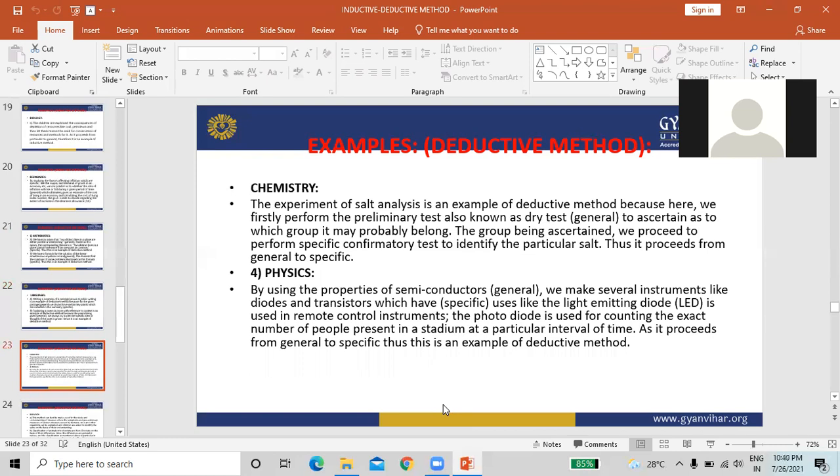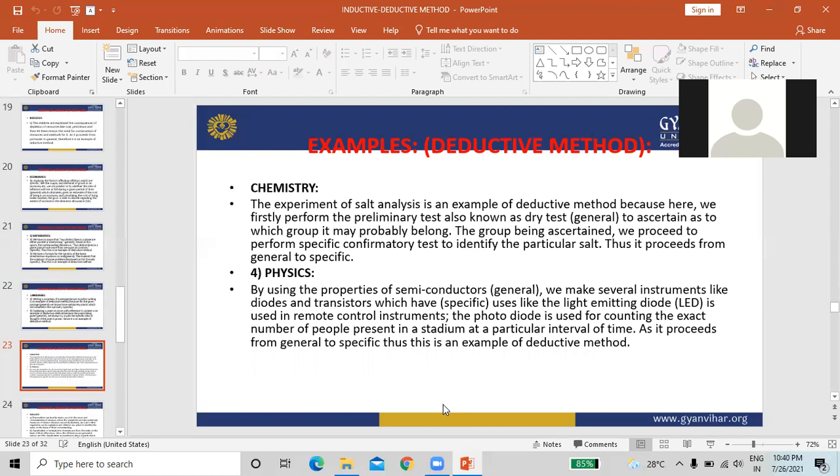Chemistry example of deductive method. The experiment of salt analysis is an example of deductive method because here we firstly perform the preliminary test, also known as the dry test, to ascertain which group it may probably belong to.